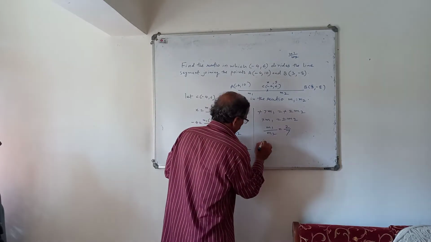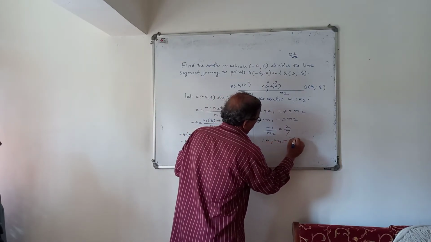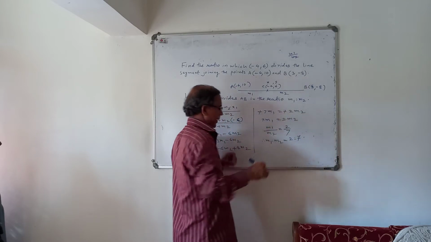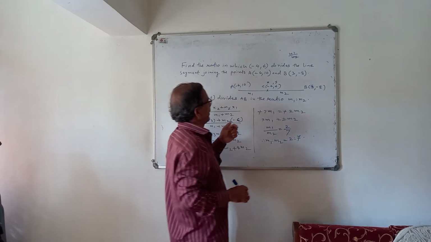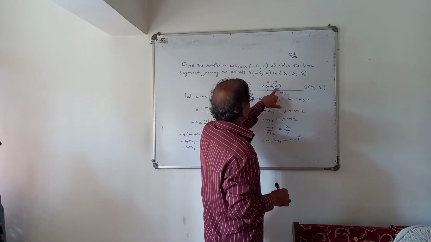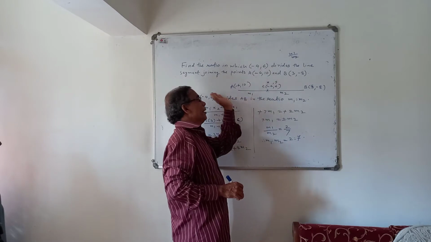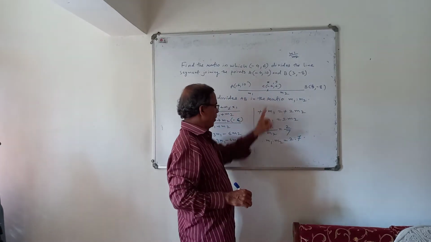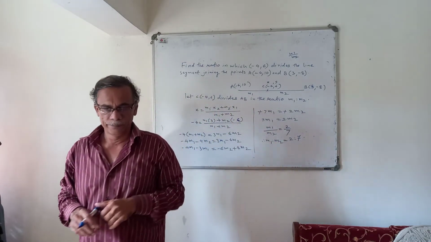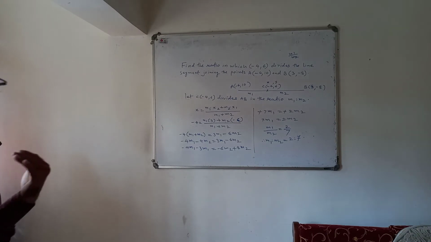Therefore we can write m1 is to m2 is equal to 2 is to 7. So you should know that if the coordinates of the point which divides the line segment are given, you can determine the ratio also. In the earlier example, the ratio was given, we were determining the coordinates.